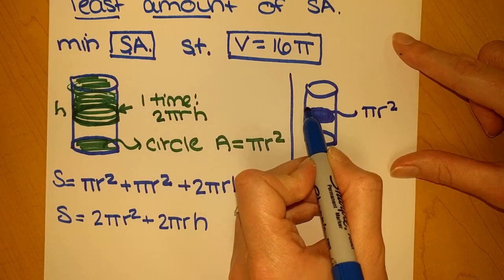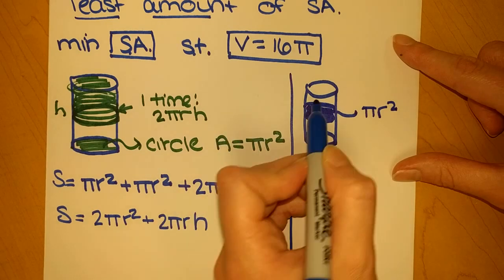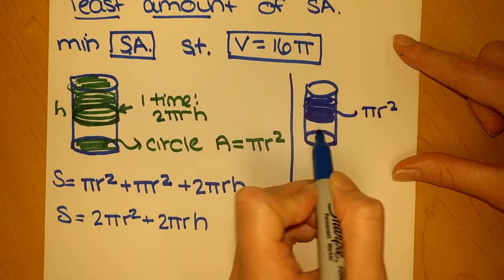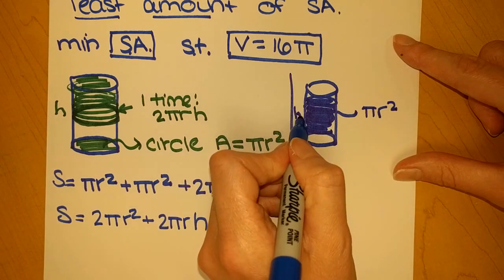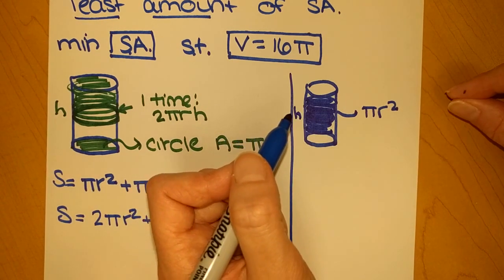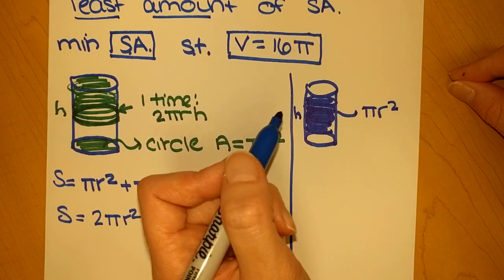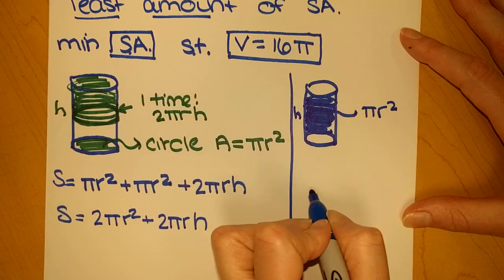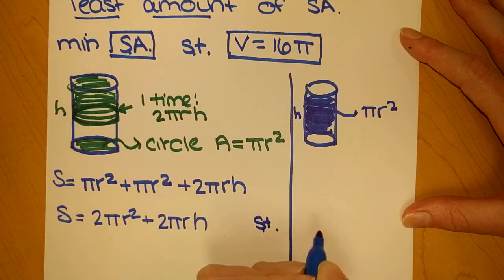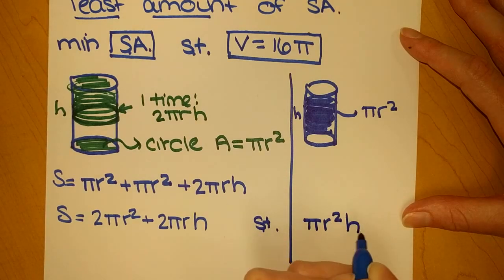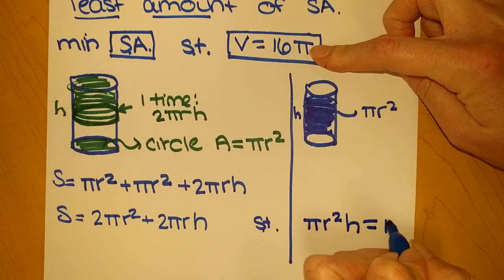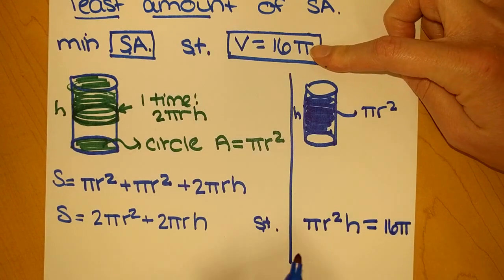I have another cross-section that I have to fill up, and another, and another. And so I am going to have h of these circle cross-sections to fill up the cylinder. So the volume is equal to pi r squared h, and we know that our volume is supposed to equal 16 pi.